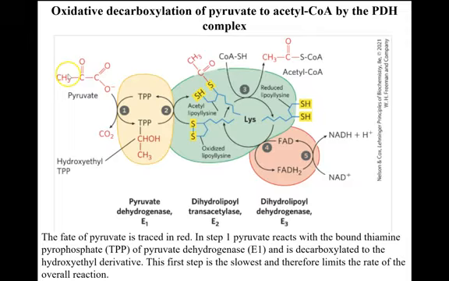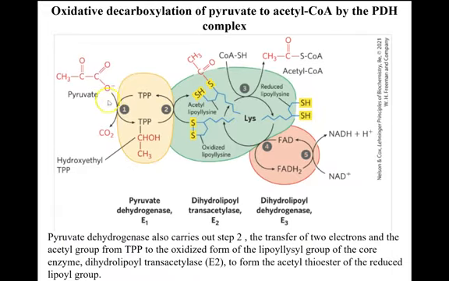So the rest of that carbon chain gets attached to the TPP. This first step is the slowest and therefore limits the rate of the overall reaction.